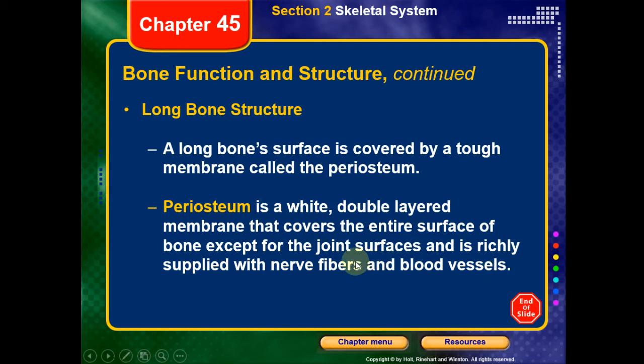Now, I want to ask a question here. Why is there no periosteum at the joint surface? Okay, think again. Wonderful. Because at the joints there is a lot of movement.